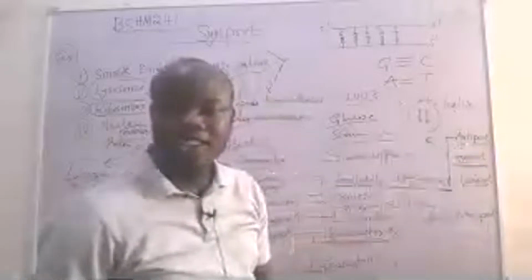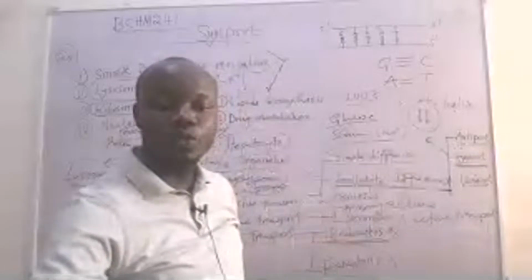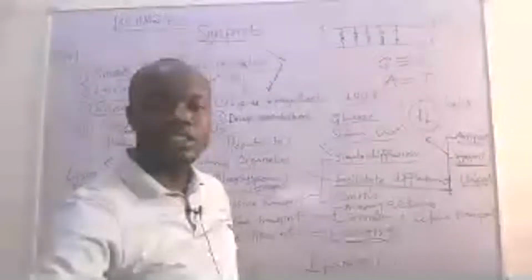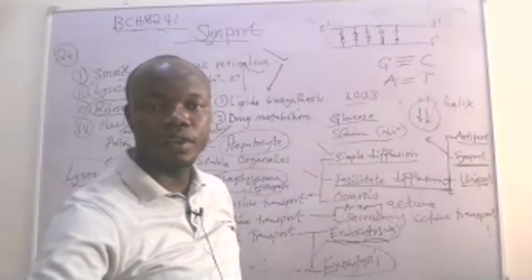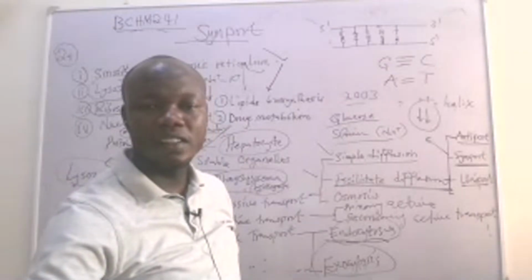The next one is Roman numeral 3, the sodium potassium ATPase. From the word ATPase, it means that they require energy.